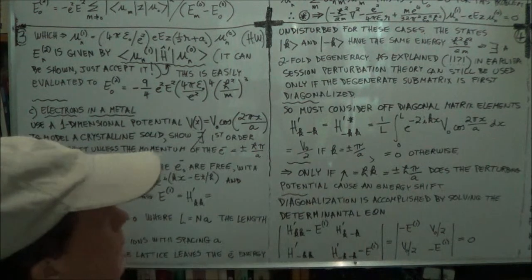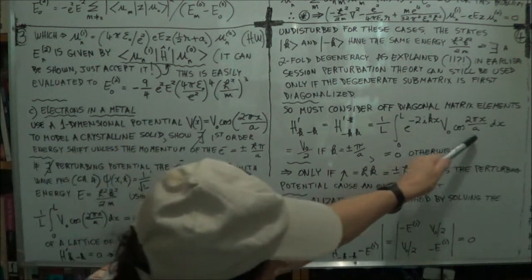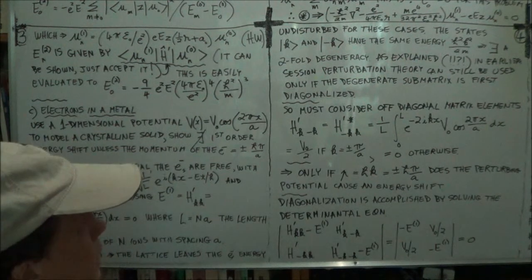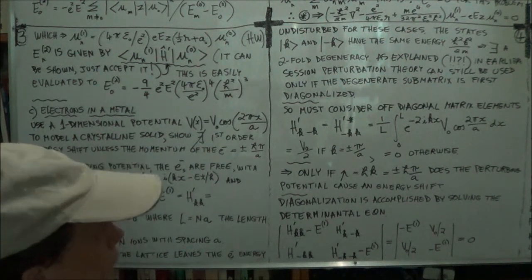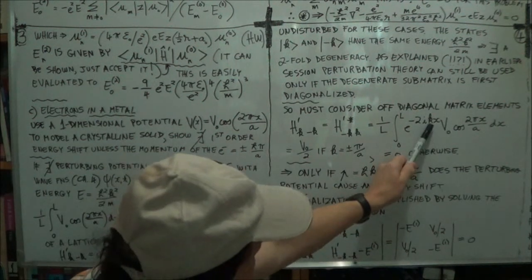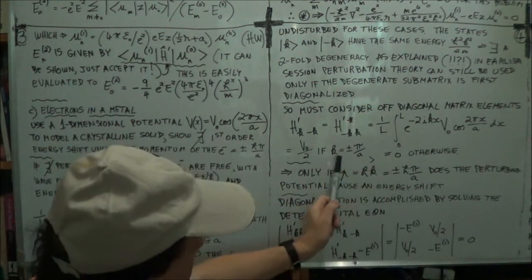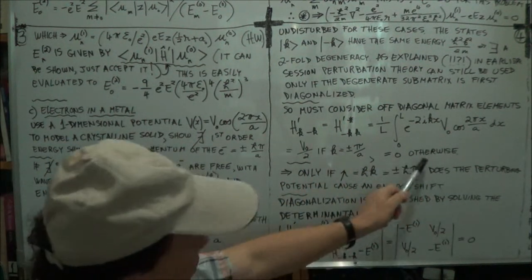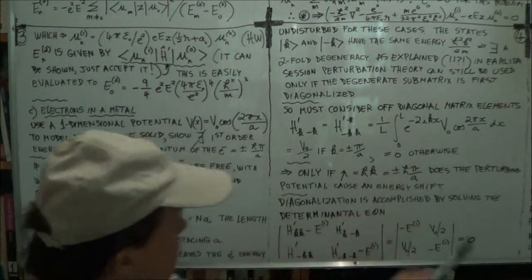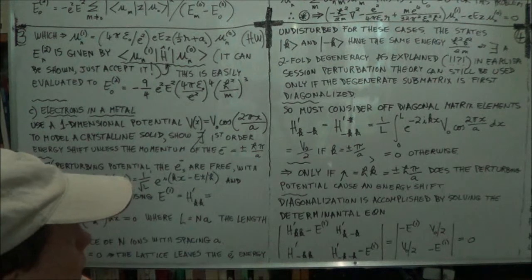You get a -2. And if you evaluate that integral, it's non-zero in a special case when your k here is plus or minus pi over a. Otherwise, except in that circumstance, it's zero. Otherwise, it's just calculus. Okay, so there's where it comes from.